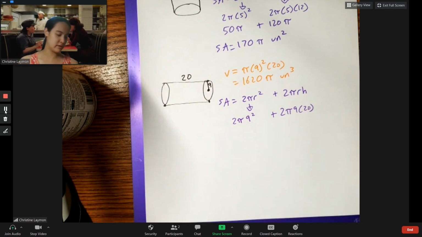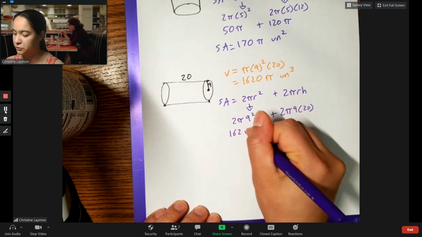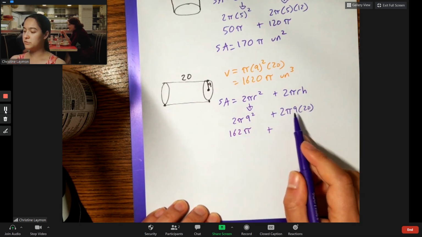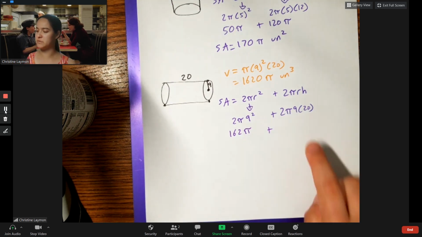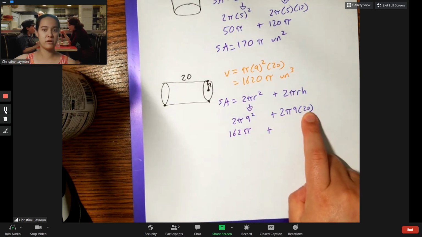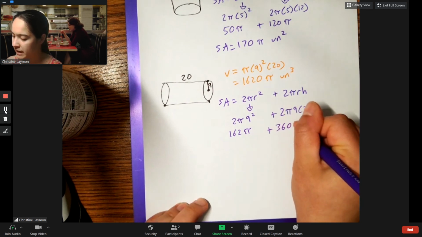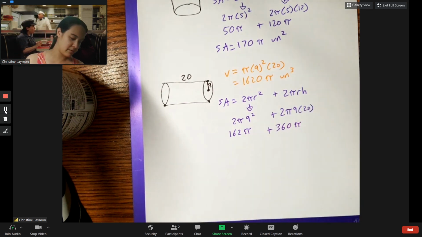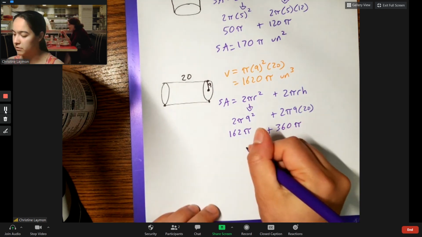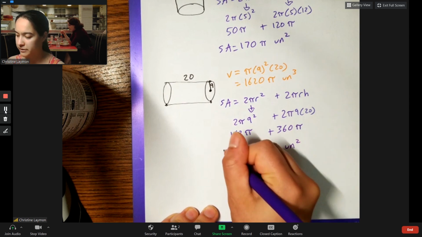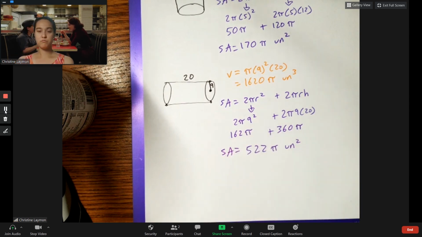Alrighty, well 9 squared is 81, and 81 times 2 is 162 pi, plus, actually let's do 2 times 20. 2 times 20 is 40, and 9 times 40 is 360. So 360 pi, and go ahead and put them together. We get 522 pi units squared. So, quick examples for rectangular prisms and cylinders.